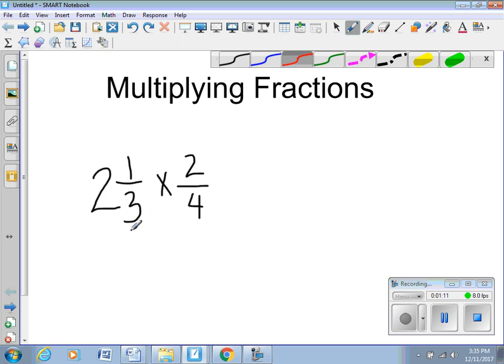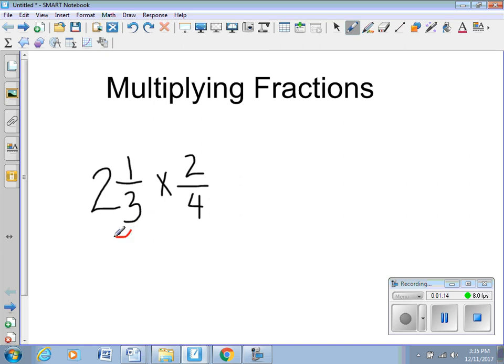We do that by multiplying our denominator by our whole number, which is 3 times 2, which is 6, and then adding the numerator to that product. So 6 plus 1 is 7. So I'm going to have 7, and my denominator stays the same, so 7/3. I don't have to change 2 fourths because it's already a regular fraction, times 2 fourths.